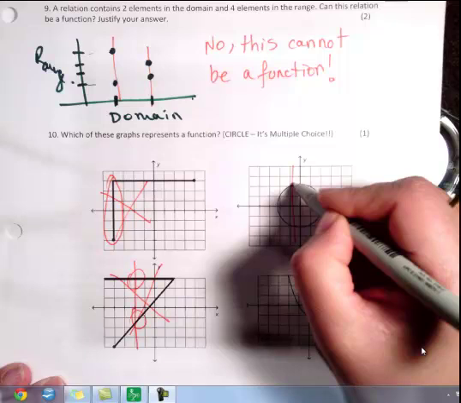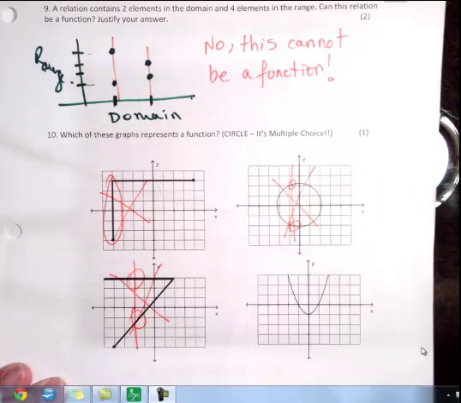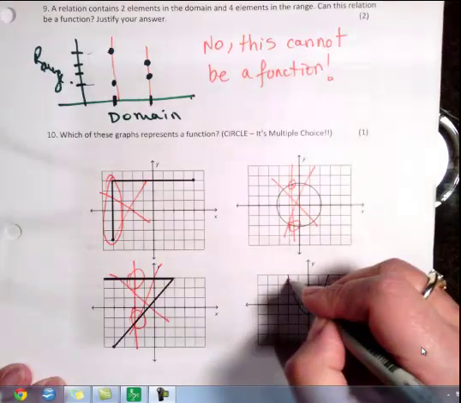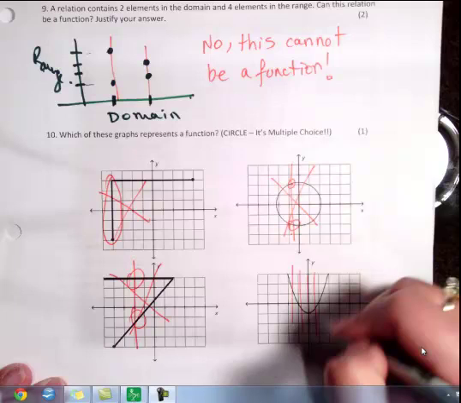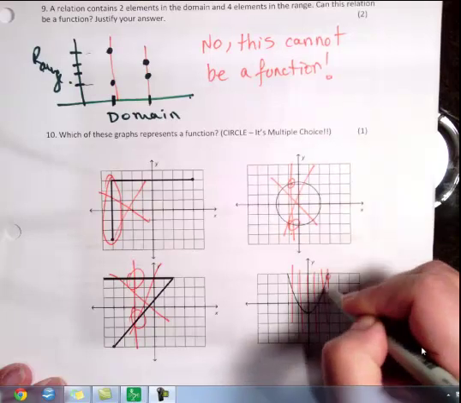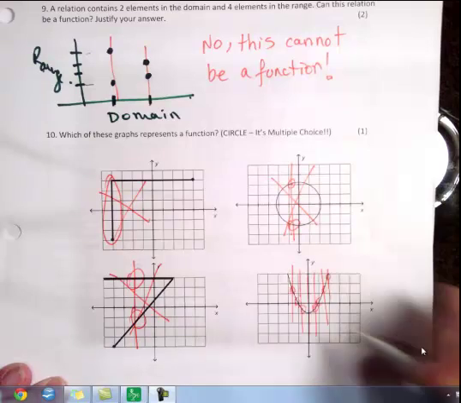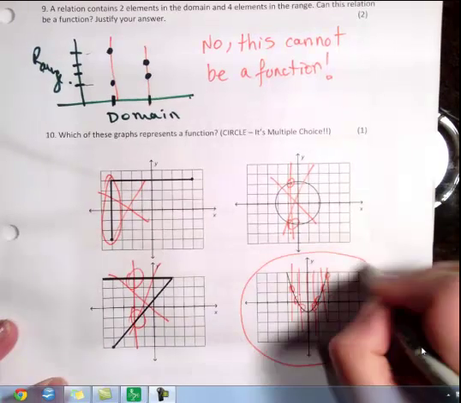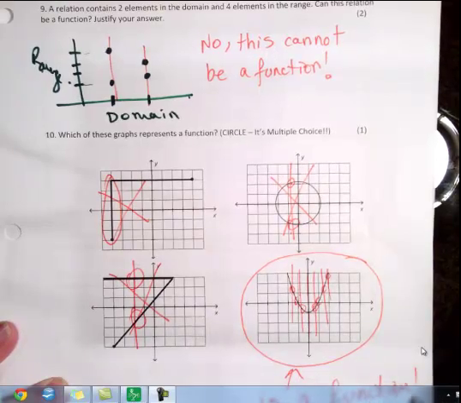And same thing with this circle here, it's going to hit twice. So this is not a function. This is our only choice left. And no matter where you draw a vertical line on this, it only ever crosses this graph once. Okay, so this one is a function.